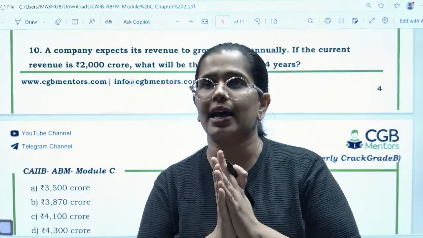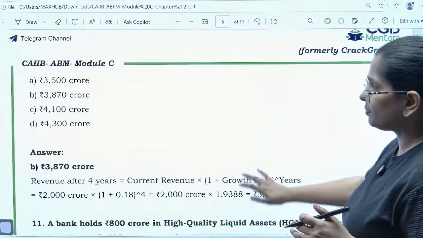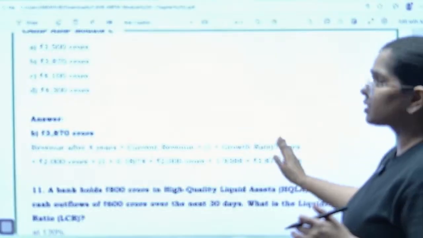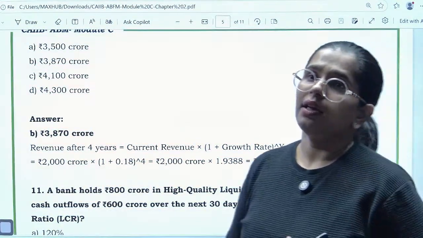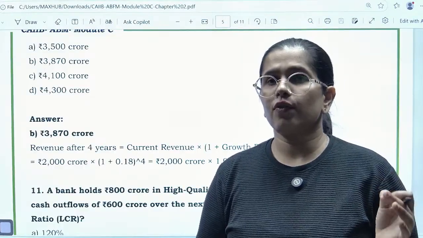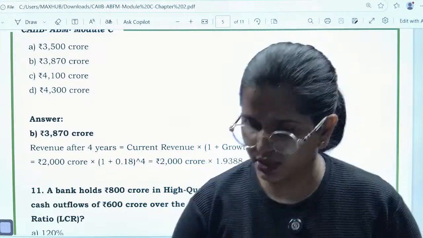So this is called as the growth. Now how shall I be able to find this out? So whatever is your current revenue, 1 plus growth rate and to the power years. What are the number of years over which you are expecting the growth?